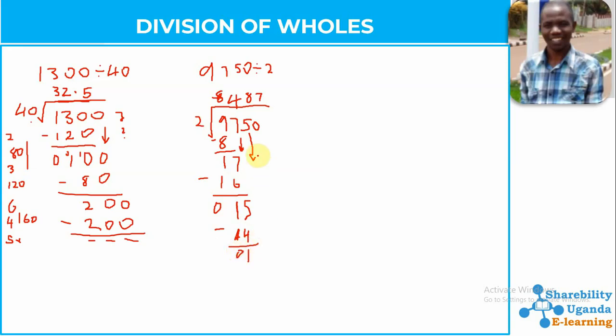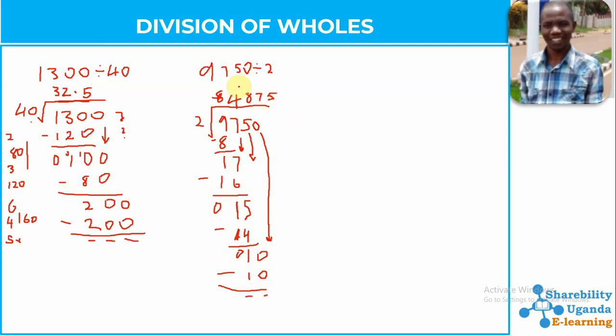Okay, so this simply means we are now remaining with our 0 here. We bring it down here. This becomes 10. So when you say 10 divided by 2, we get 5. So when you say 5 times 2, we get 10. So when you subtract this, we shall get our 0 here.